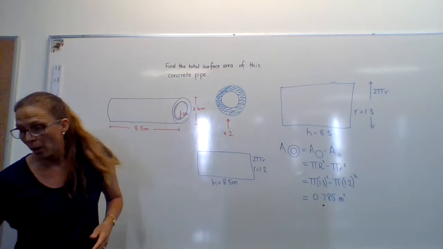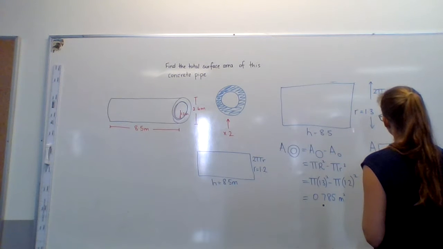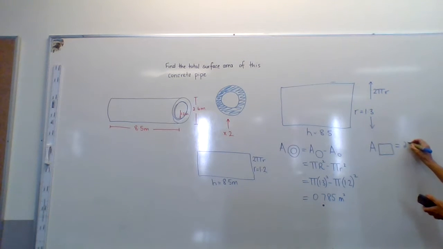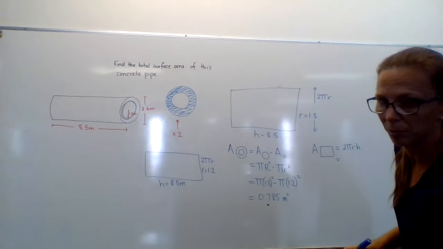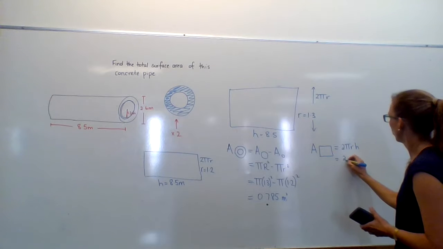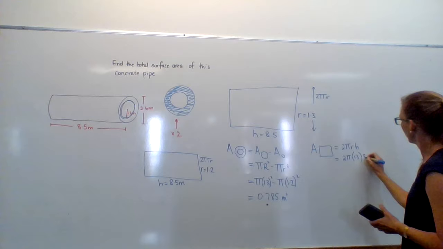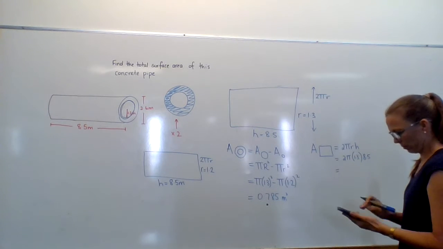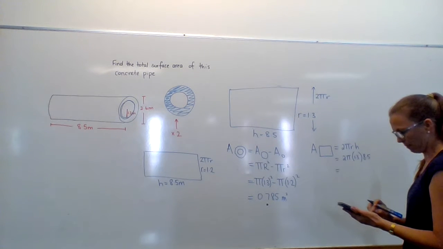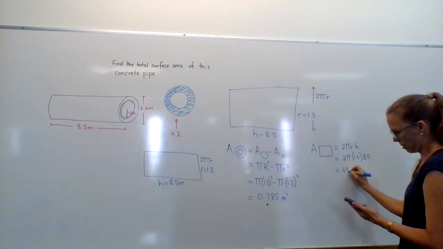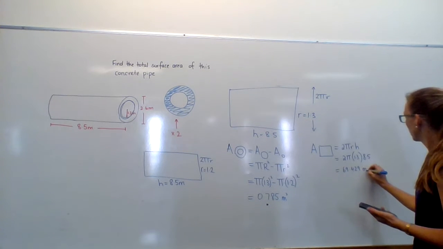Now I'm going to find the area of the large rectangle, which is 2 pi R H. So that's 2 times pi times 1.3 times the height, 8.5. And I get 69.429, to 3 decimal places, square meters.